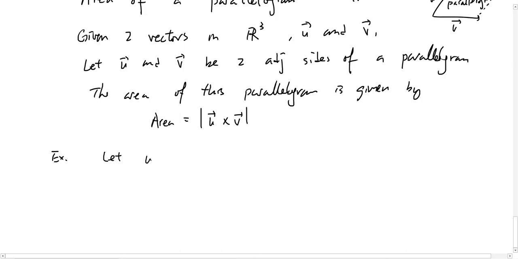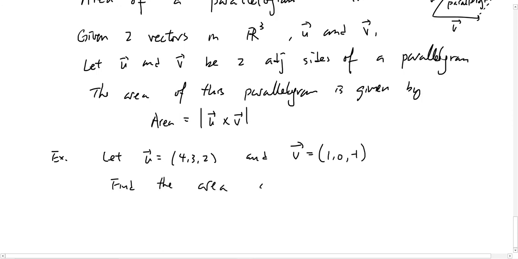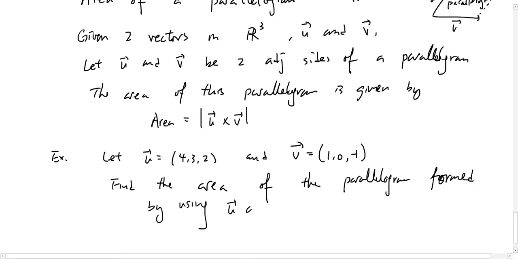Let's say we let vector u equal 4, 3, 2, and vector v equal 1, 0, negative 1. We go find the area of the parallelogram formed by using u and v as two adjacent sides.